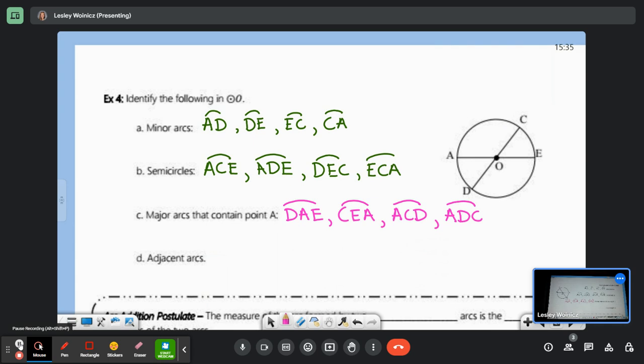All right, adjacent arcs. AC and CE. It's kind of like the minor arcs and then some of the semicircles, right? CE. Give yourself lots of room for this. AD. I don't know that we have to list them all. AD and DE.